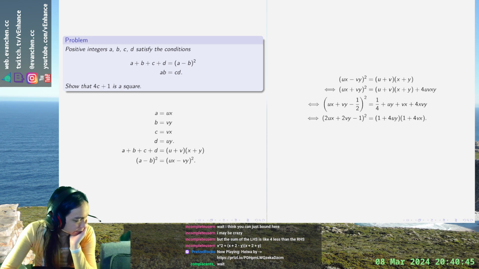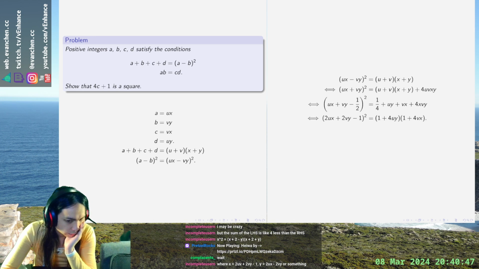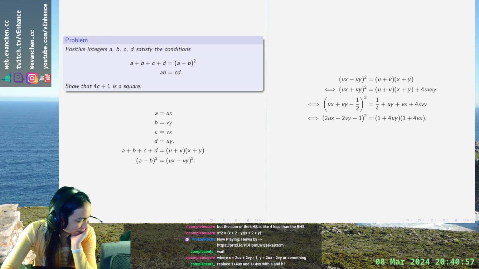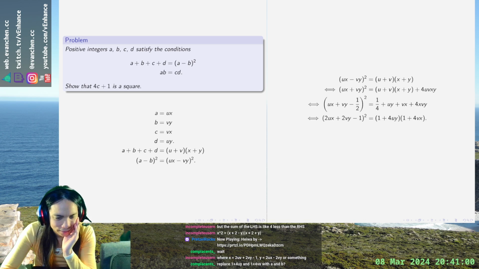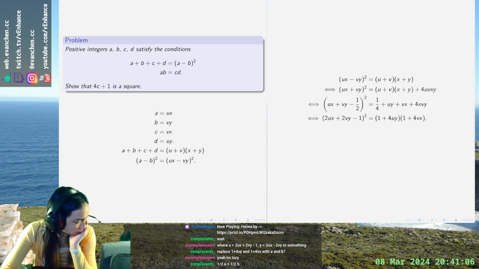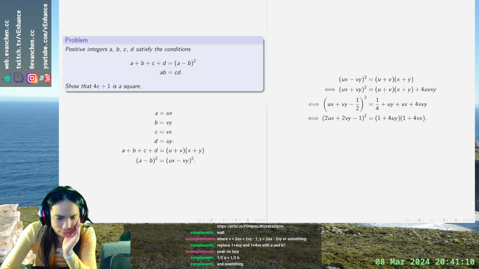The sum of the left-hand side is... I feel like you're reusing X and Y. UY VX.